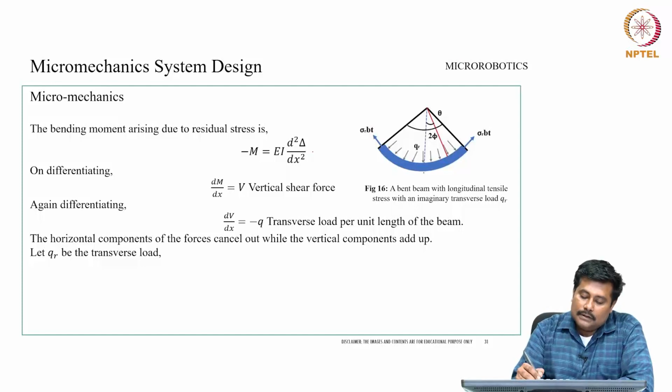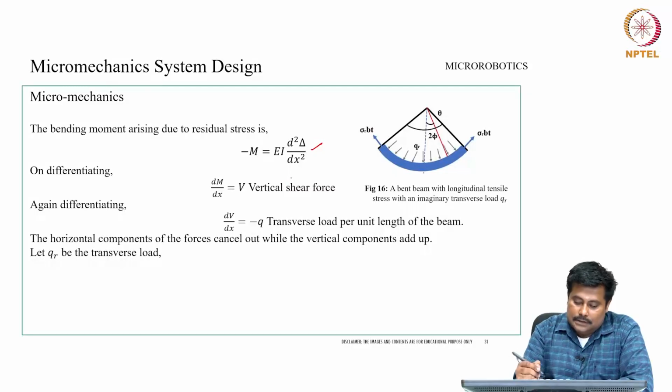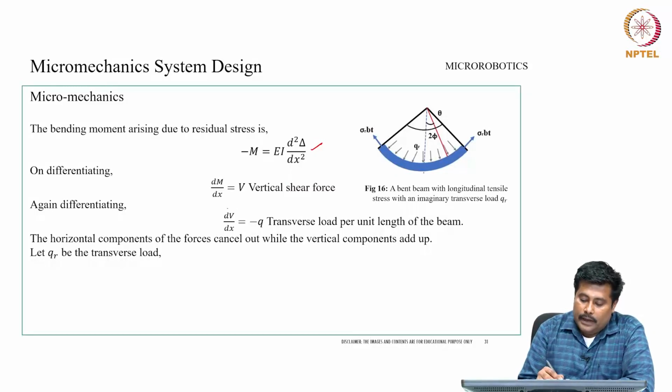To quantify this residual stress, it is represented as minus M, which is equal to EI d squared del by dx squared. On differentiating this with reference to x, dM by dx equals V, the vertical shear force, and again differentiating we get dV by dx equals minus q, which is the transverse load per unit length of the beam.